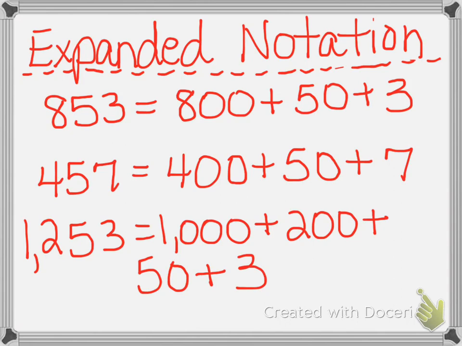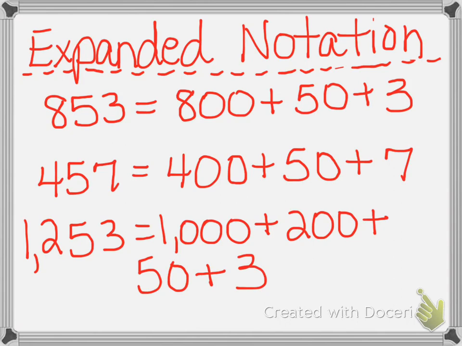That is expanded notation. Let's look at the second one. We have 457. That 4 is worth 400, the 5 is worth 50, and the 7 is worth 7. So we have 400 plus 50 plus 7. Let's look at the third one.